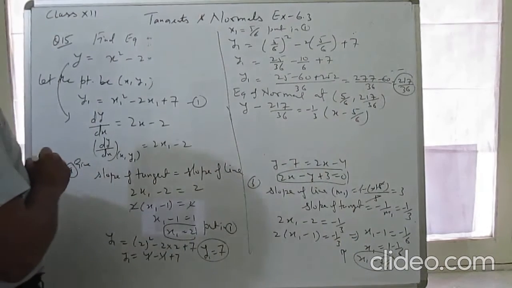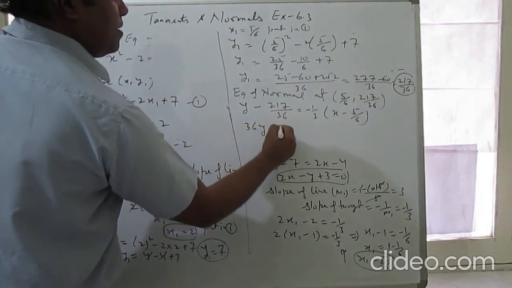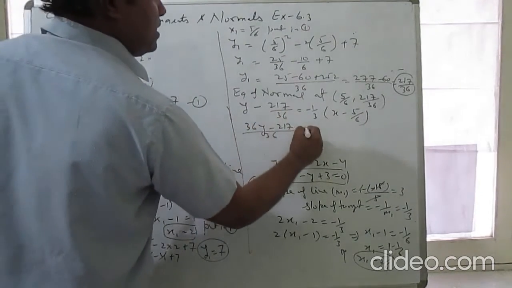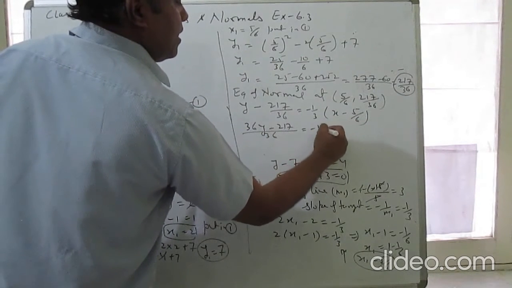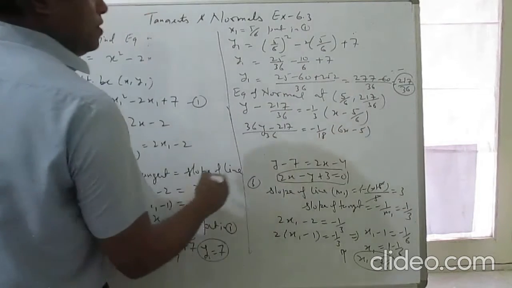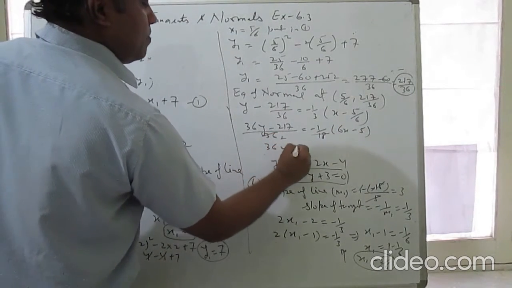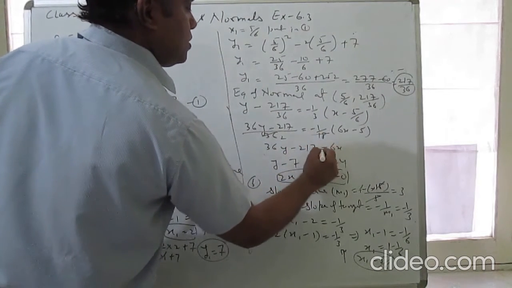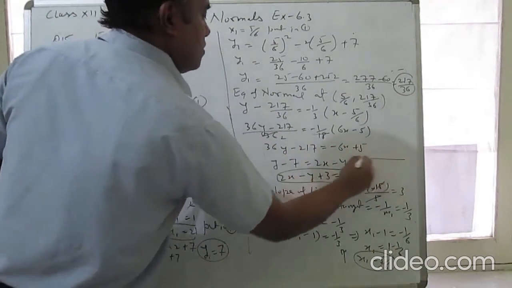Now you can solve. Take 36 as the LCM: 36y minus 217 upon 36. Here you take 6 as LCM, minus 1 by 3 into 6 is 18, and this is 6x minus 5. Now 18 to 36, so it is 36y minus 217 is equal to minus 6x plus 5.